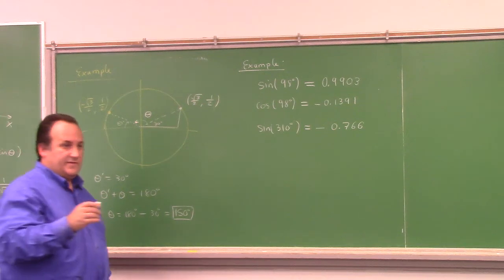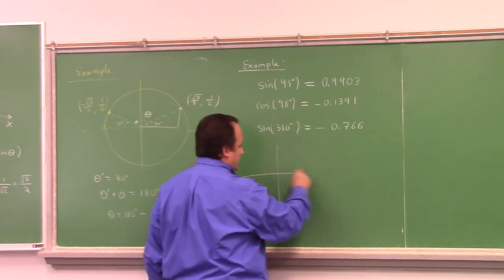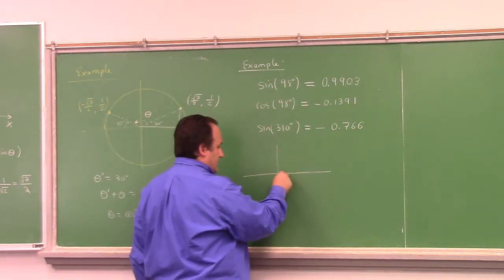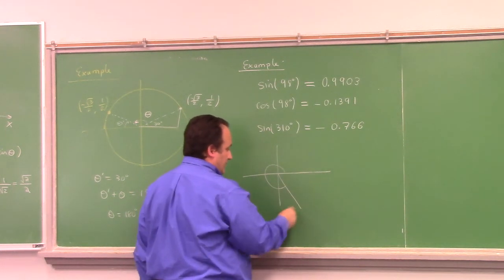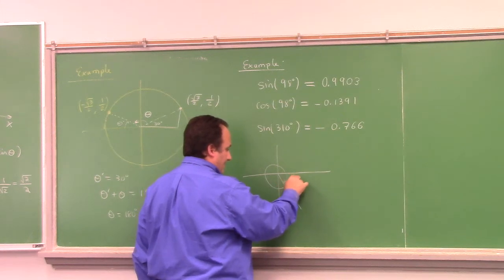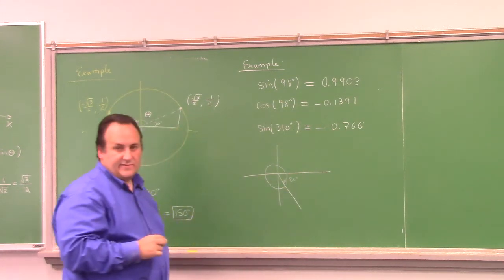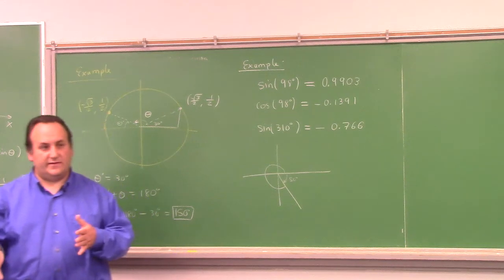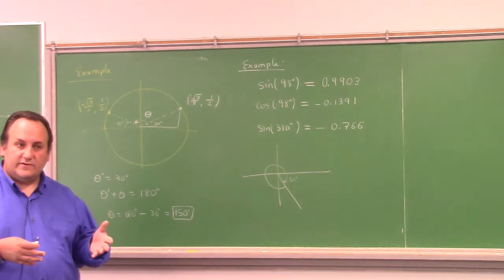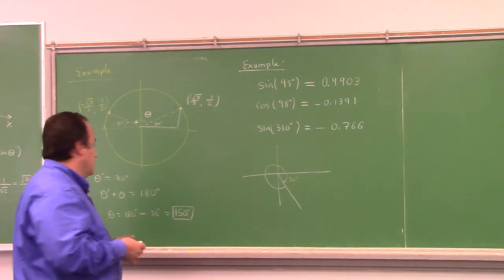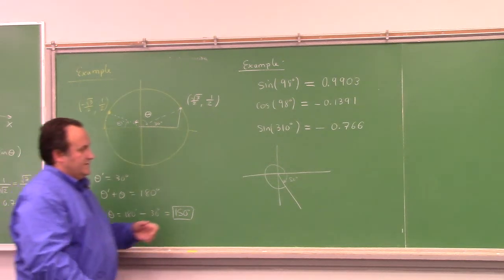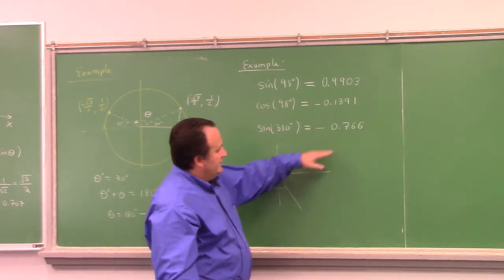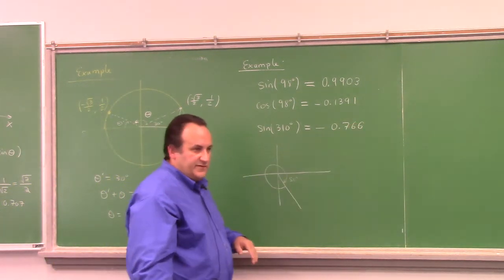Also, if you want to think about this geometrically in terms of approximation, 310 degrees is somewhere down here. It's 50 degrees shy of the x-axis, right? That's close to 45 degrees. 1 over root 2 is 0.707, roughly speaking. So it's a little bit further down than 0.707. That seems like a very reasonable figure.